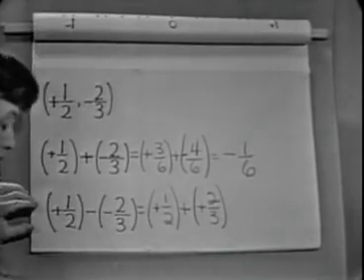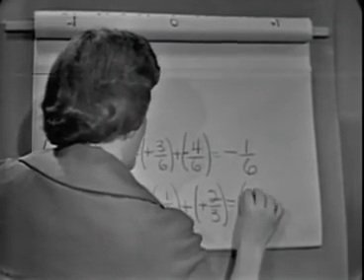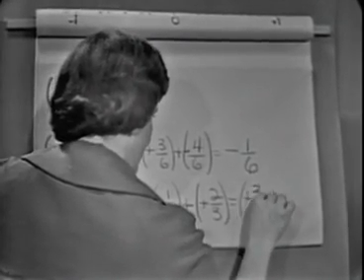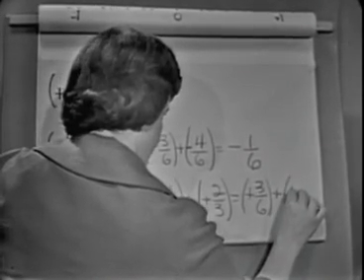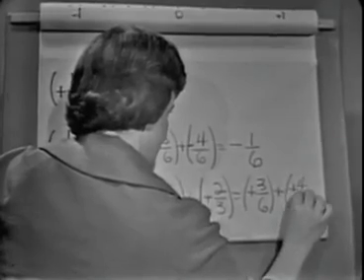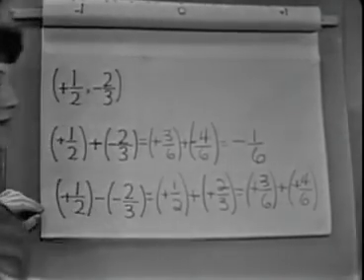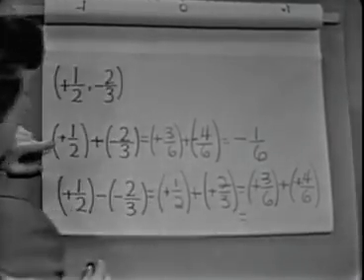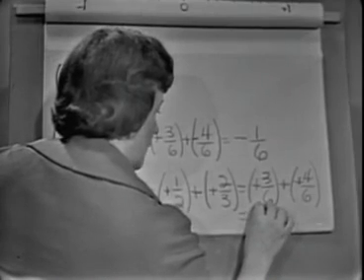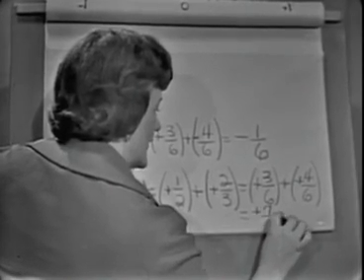Again, using other names for our fractions, we can express this as a positive 3/6 plus a positive 4/6. The same direction, we find the sum of the fractional numbers. The difference then of our pair, a positive, the common sign, a positive 7/6.